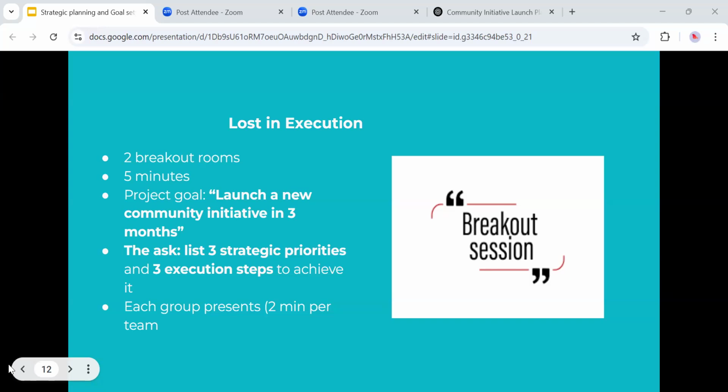So going by the 3 execution steps, what we discussed in our group is that we're going to, first of all, create awareness and engagement in the community. We want them to know why the Akoko Community Plugger Initiative is coming on board.